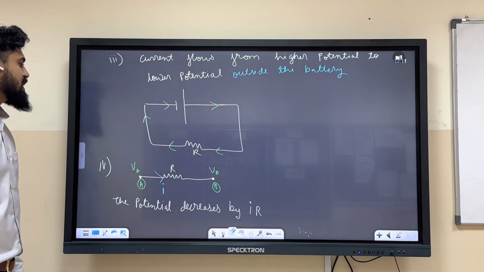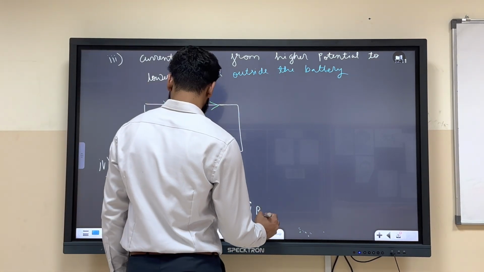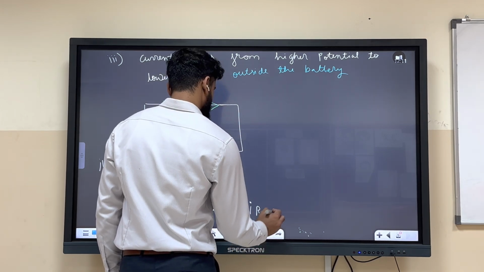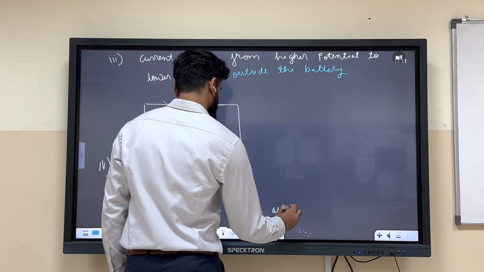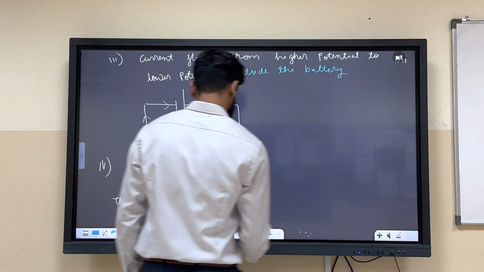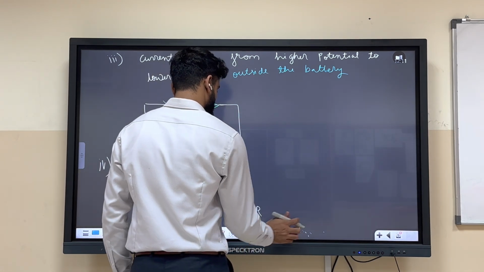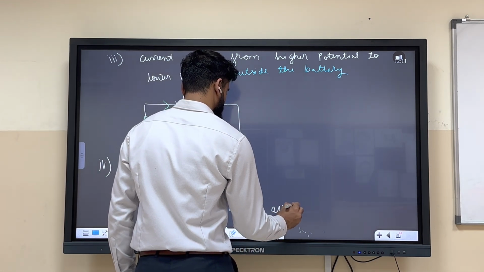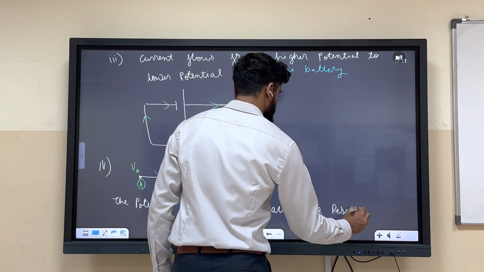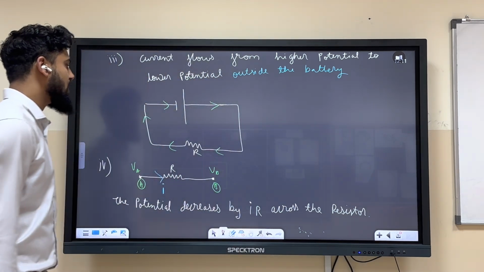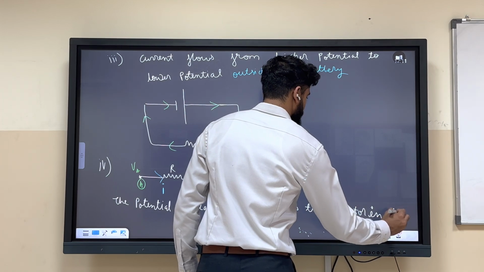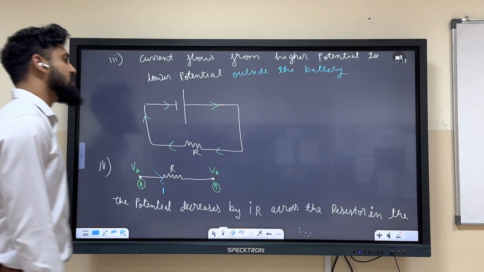So over here potential decreases by IR across the resistor in the direction of current.